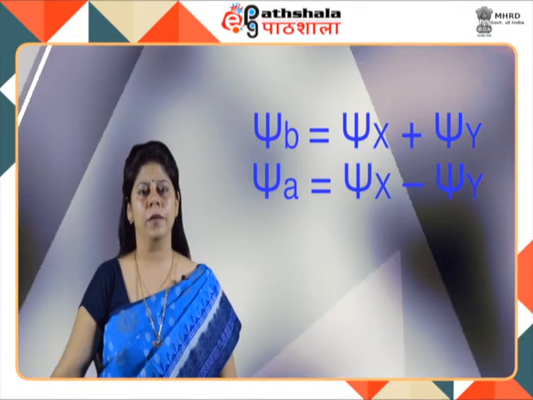If both the atomic orbitals have the same energy, they contribute equally to the bonding and antibonding molecular orbitals. If one of the atomic orbitals has lower energy than the other, it will contribute more to the bonding molecular orbital.